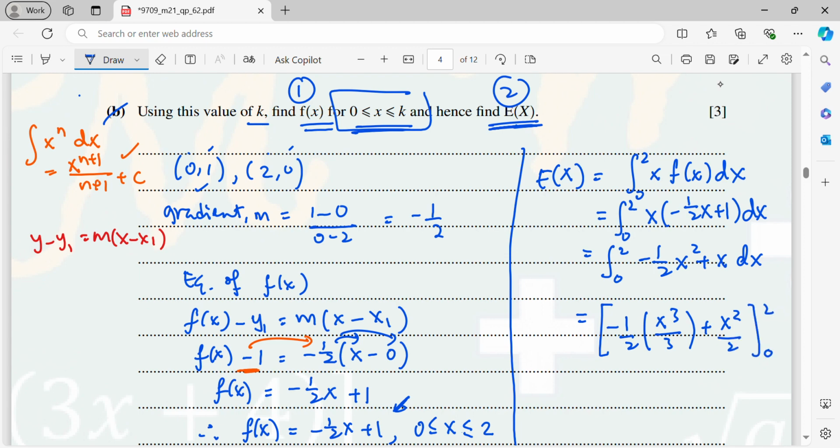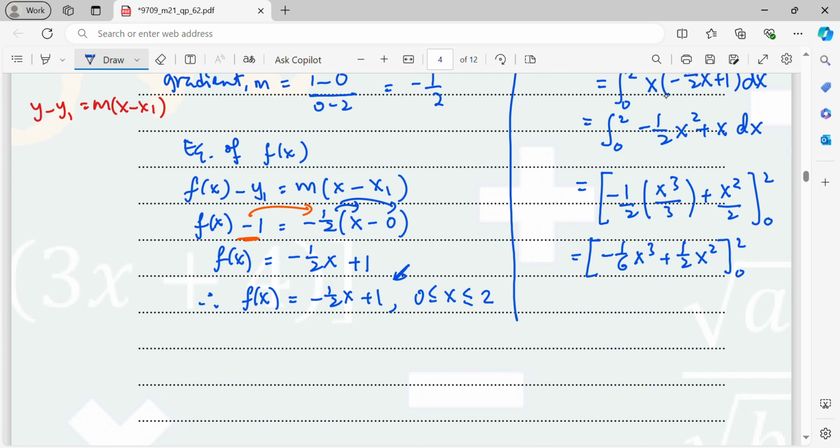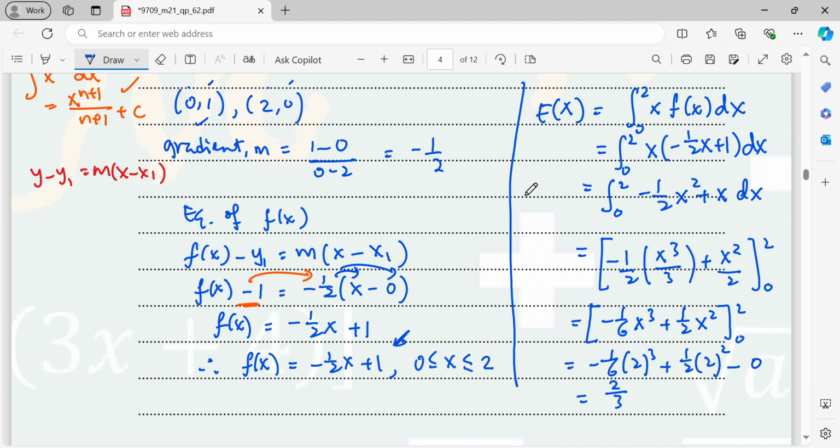I will rewrite this as negative 1 over 6 x cubed plus half x squared. Now replace the limits. Replace x by 2 first: negative 1 over 6 times 2 cubed plus half times 2 squared. Then I minus the value when x equals 0. At last, you will be getting 2 over 3. So that is our E(X), the expected value of X.